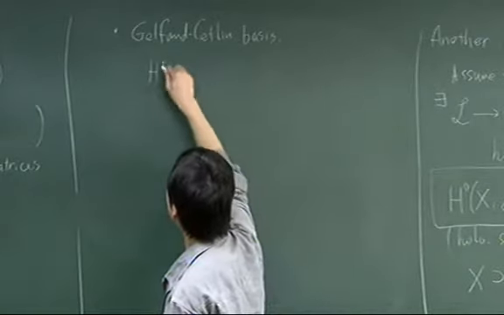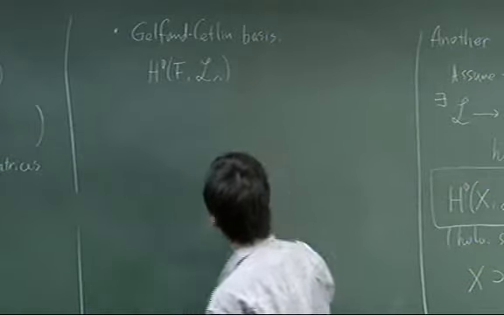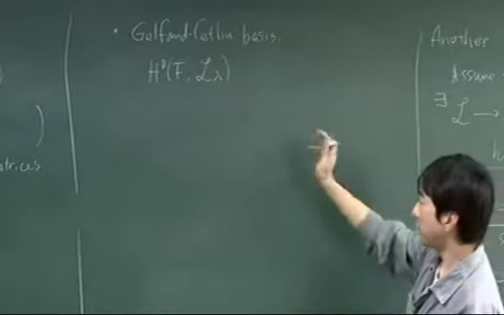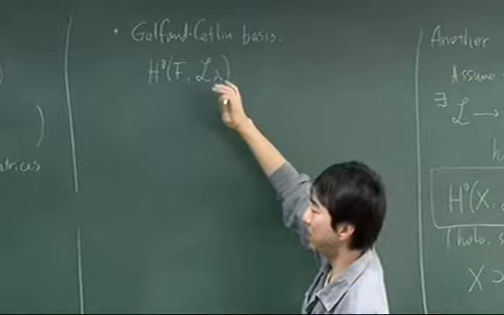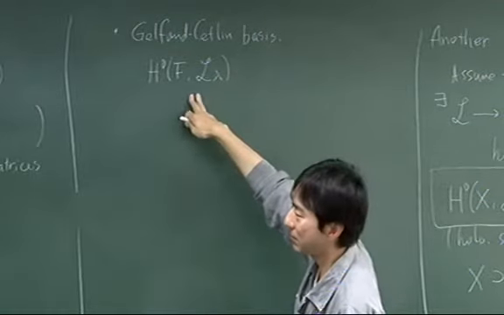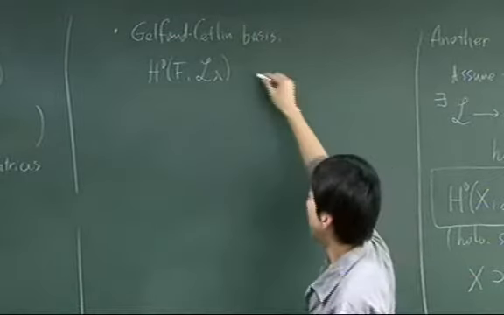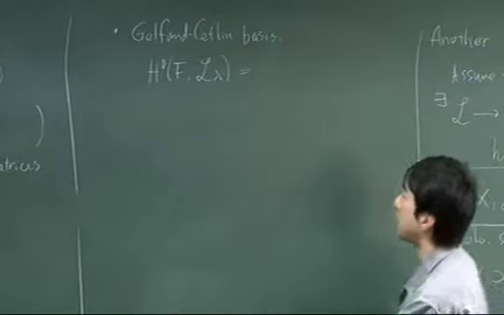This is a basis of the space of holomorphic sections. And by Borel-Weil theory, this is the representation space of this unitary group, an irreducible representation. This is the basis of the irreducible representation.